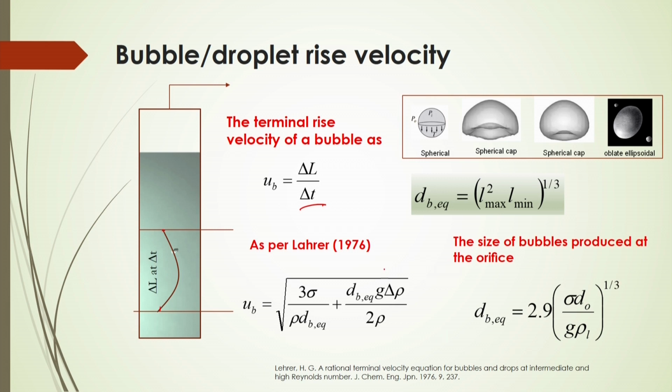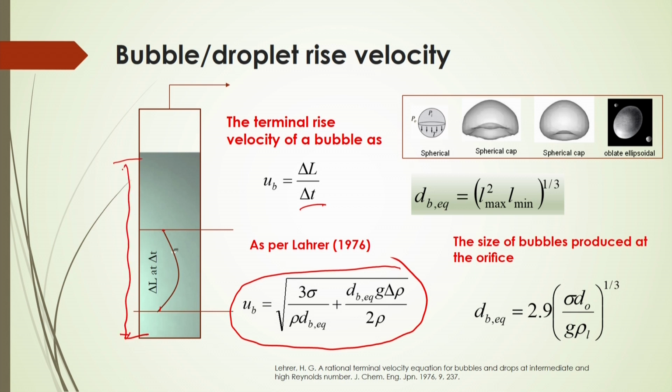So here is one important correlation by which you can calculate the rise velocity of the bubbles. Once you know the surface tension of the system, the size of the bubble, and the density difference of gas and liquid, you will be able to calculate the bubble rise velocity. Once you know the bubble rise velocity, then you can get the residence time of the bubbles in the column, provided you have the length of the liquid medium in the column.